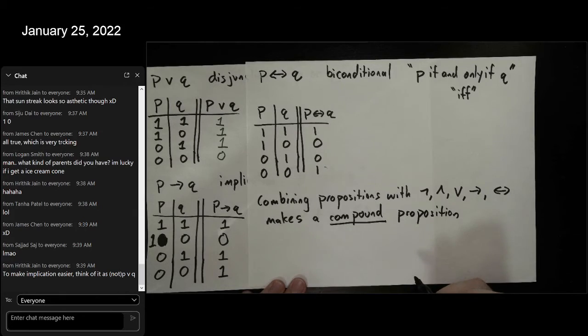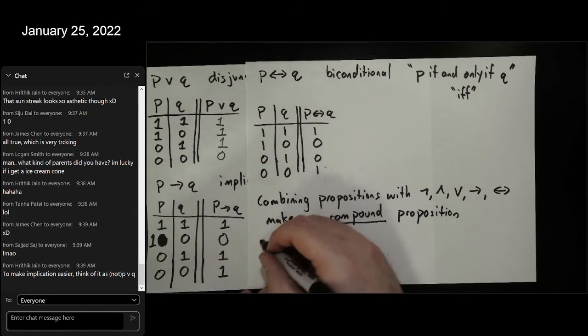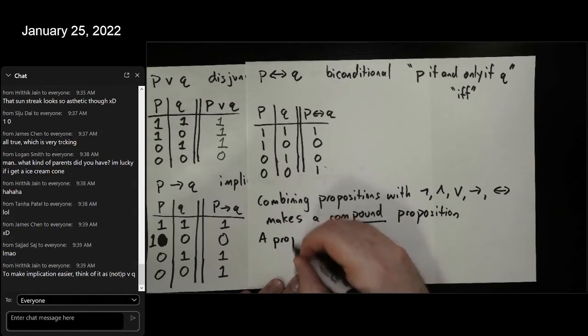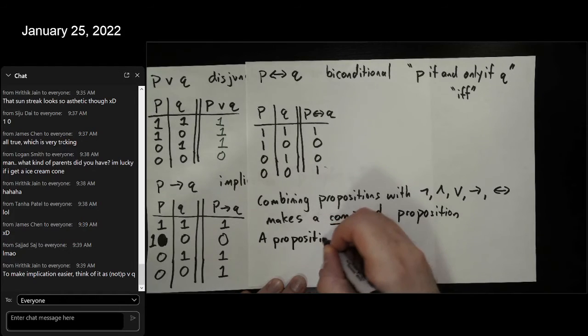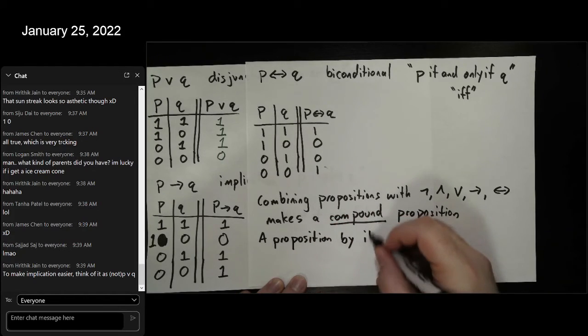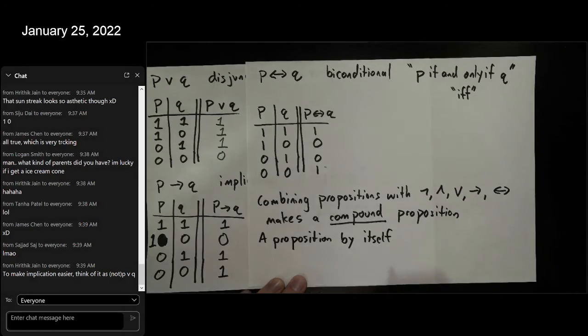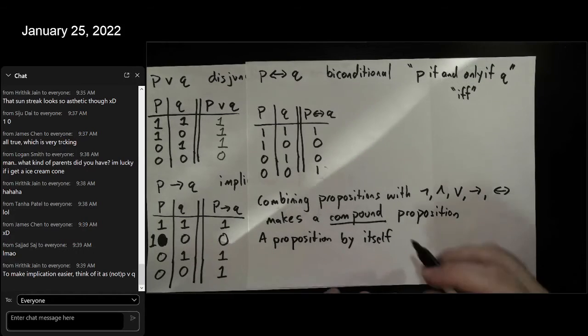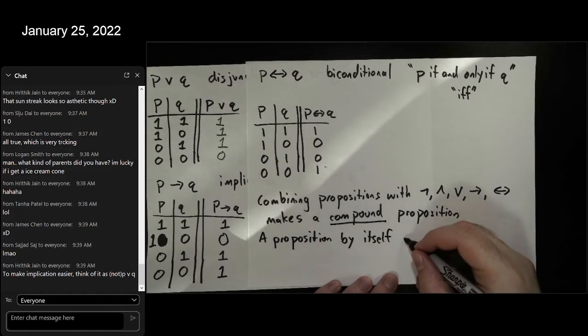And a proposition by itself is called primitive. So if I just have a statement like 2 as an integer, or even if I just have the variable p, I call that a primitive proposition.